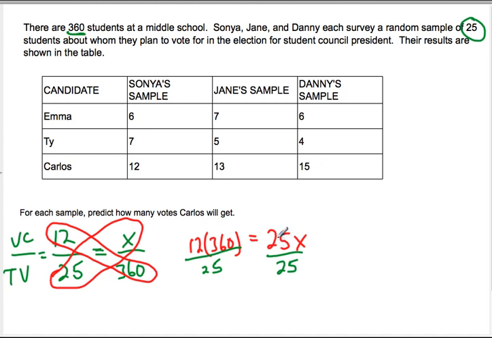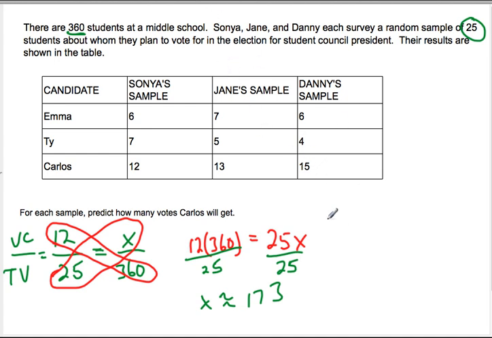And let's see, 360 divided by 25, what are we going to get here? I think it's going to come out to, and you can use a calculator for this, approximately 173 votes.